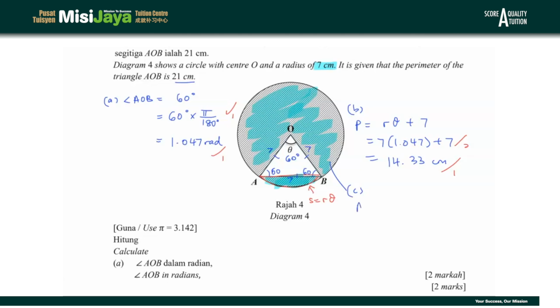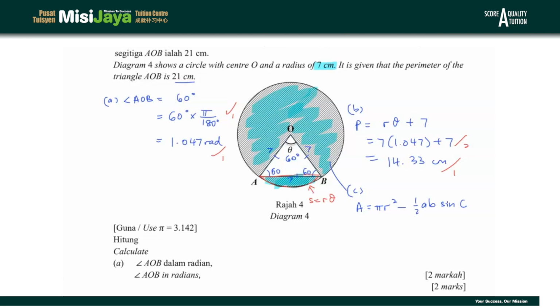The area of the whole circle is pi r squared, the formula for the area of a circle. Then minus the area of this triangle, for which I can use half ab sine C. We already learned this in the chapter on solution of triangles, where we learn about the sine rule, cos rule, and then area of triangle.